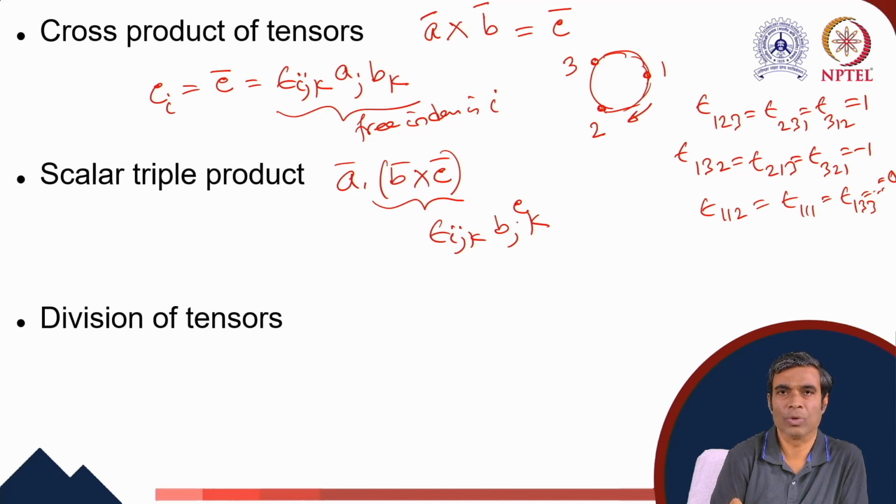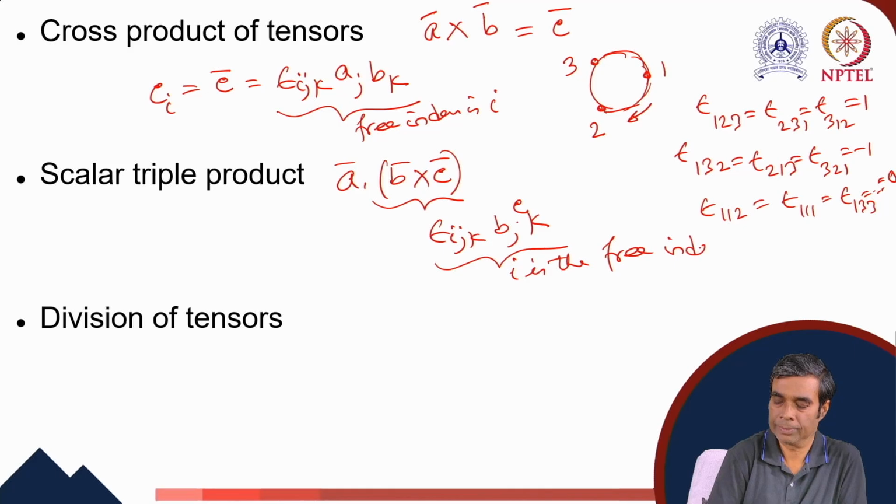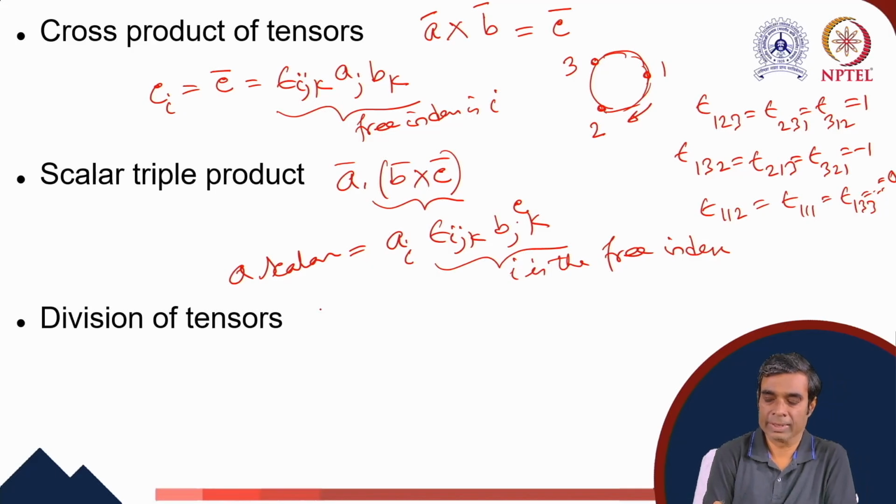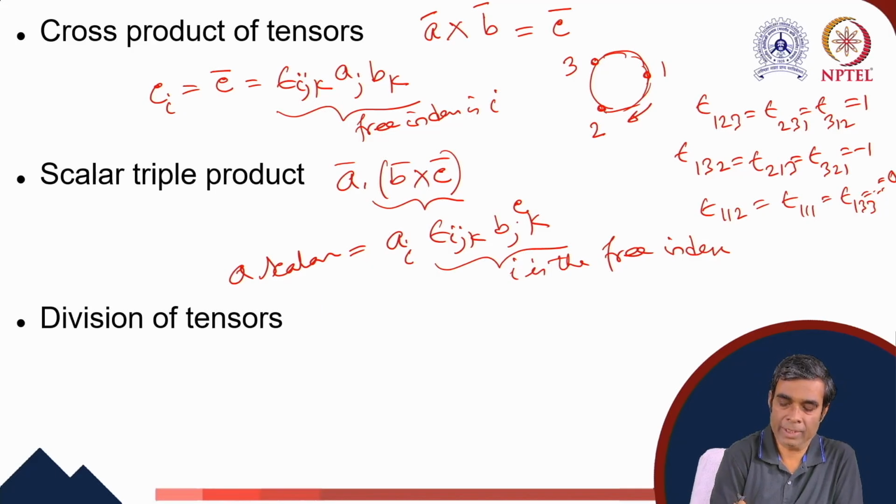For this dot product, we need at least one identical index. Here i is the free index. It means that the vector A must be assigned the index i, so that finally we get a scalar. So we get a scalar output from the scalar triple product. So A dot B cross C can be written as epsilon_ijk a_i b_j c_k.